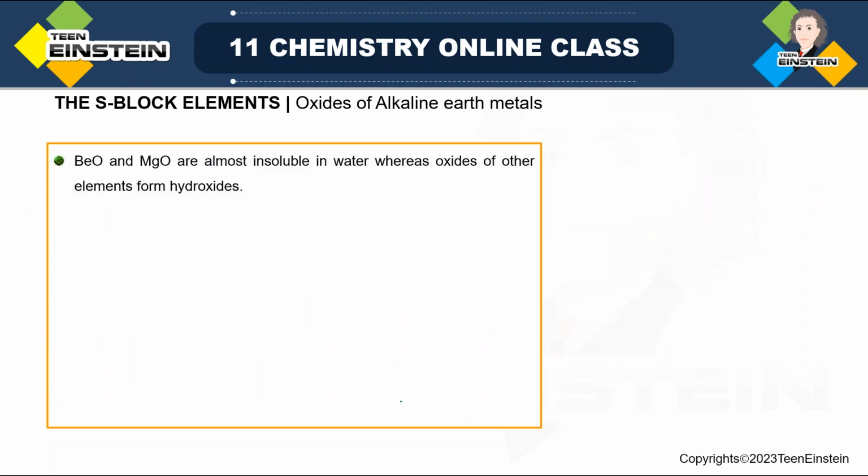Some more characteristics. The first two oxides, that is beryllium oxide and magnesium oxide, are almost insoluble in water. Whereas the other oxides can form hydroxides when they dissolve in water. Let me write it again.